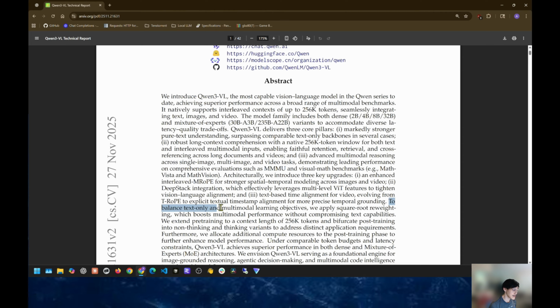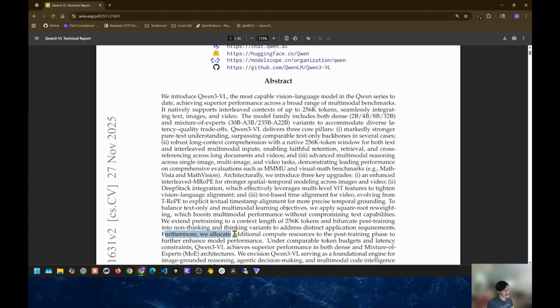To balance text-only and multimodal learning objectives, we apply square-root reweighting, which boosts multimodal performance without compromising text capabilities. We extend pre-training to a context length of 256K tokens and bifurcate post-training into non-thinking and thinking variants to address distinct application requirements.